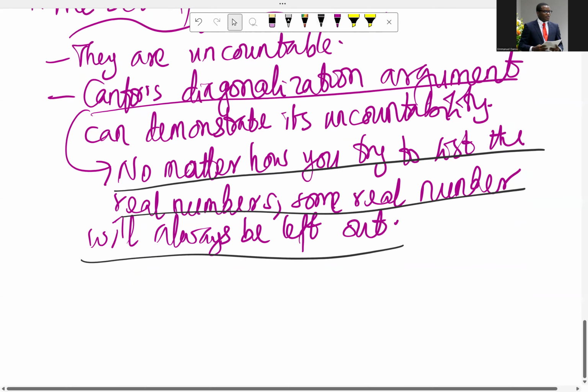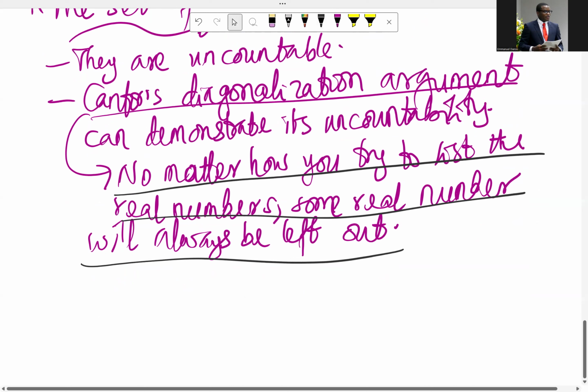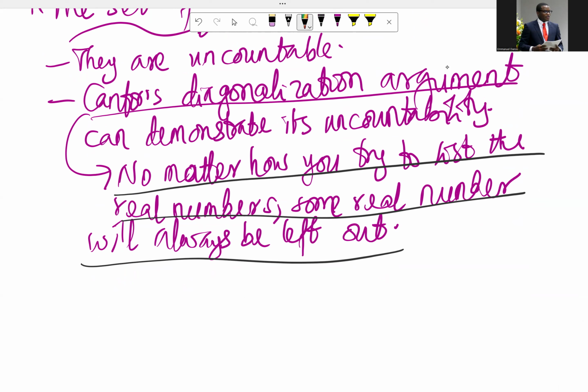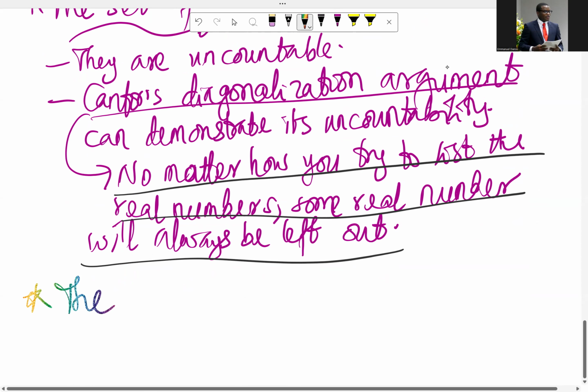Okay, so let's take another example, and that is the set of real numbers between 0 and 1. Interesting. The set of real numbers is such a large thing already, but even if you narrow it down to 0 and 1, it's still a problem.